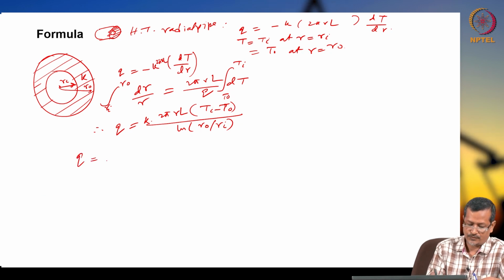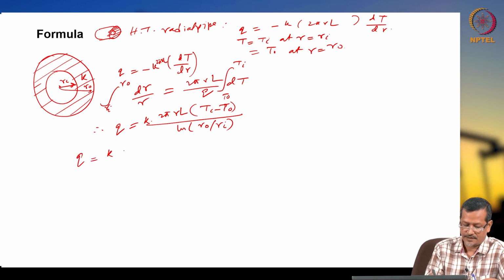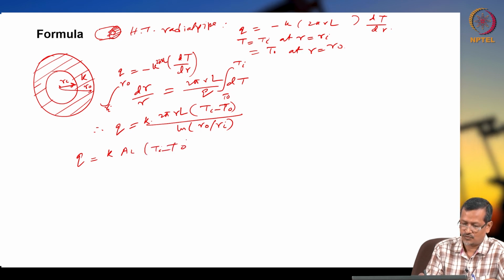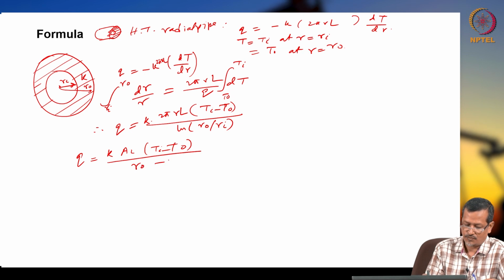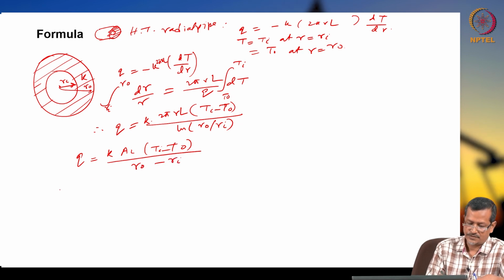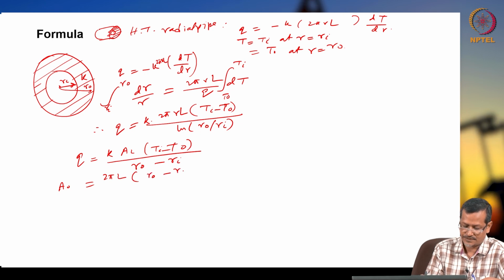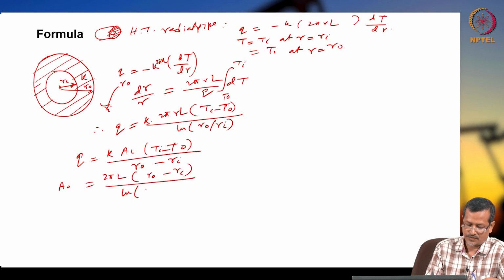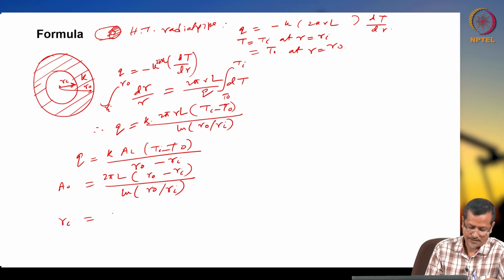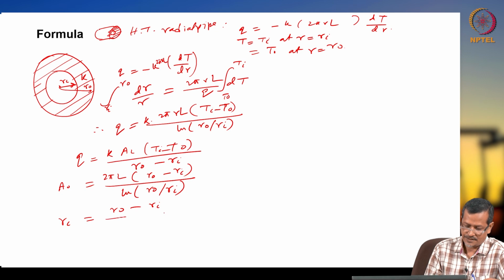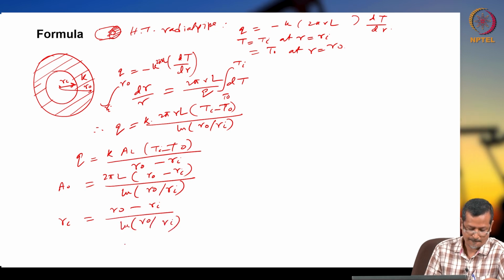So Q equals K A Ti minus To over Ro minus Ri, so A is 2 pi L (Ro minus Ri) over logarithm of Ro by Ri.